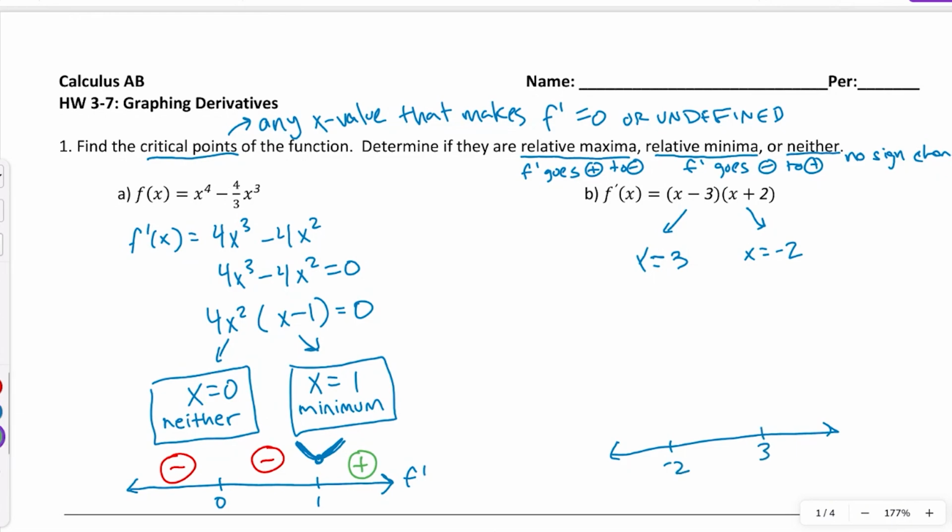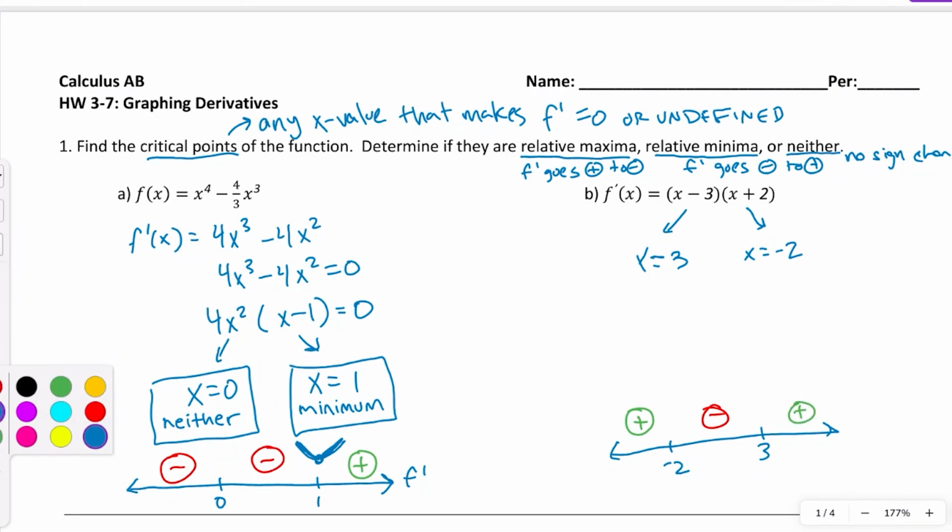Plugging in a number like -5 is going to give me a negative number times a negative number, which is positive. If I plug in a number like 0, I get negative times a positive, which is negative. And if I plug in a number like 5, 5 minus 3 is going to be positive, 5 plus 2 was positive. A positive times a positive is positive.